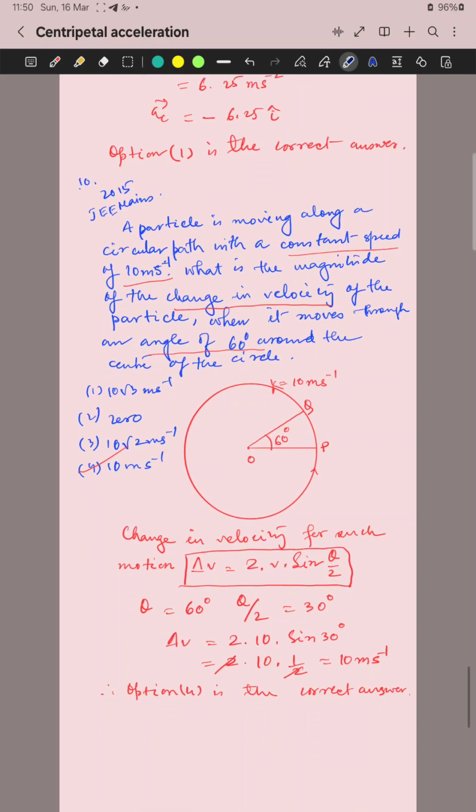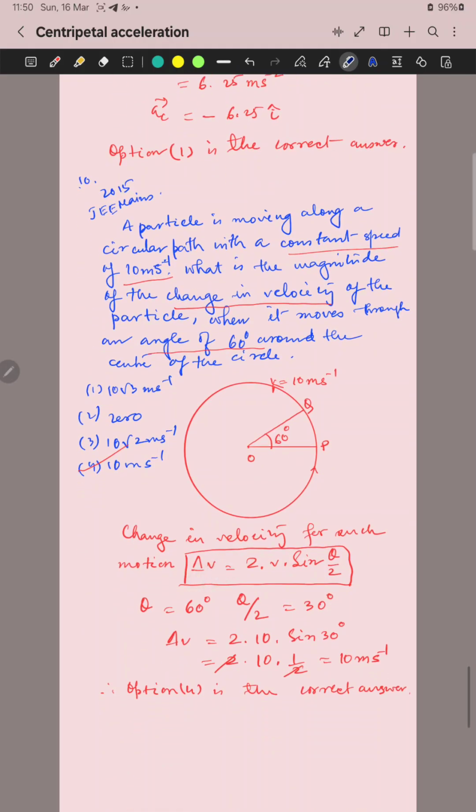So as we discussed earlier, that change in velocity as a particle moves along a circular path from one point to another point can be given by the formula delta V equals to 2V sine theta by 2. Here theta is 60 degrees, so theta by 2 is 30 degrees. Substituting the values, we get it to be 10 meter per second. So therefore the fourth option is the correct answer.